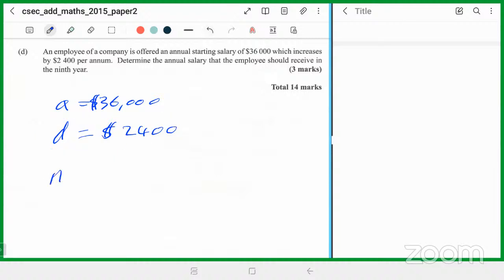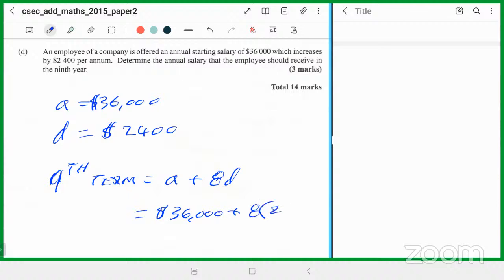So the 9th term you're asking for, the 9th salary, is A plus (n minus 1)d, so 36,000 plus 8 times 2,400. And that is it. Whatever that works out is the answer.